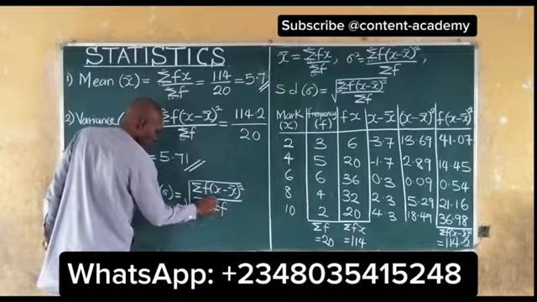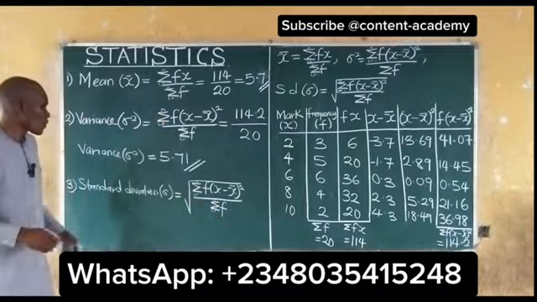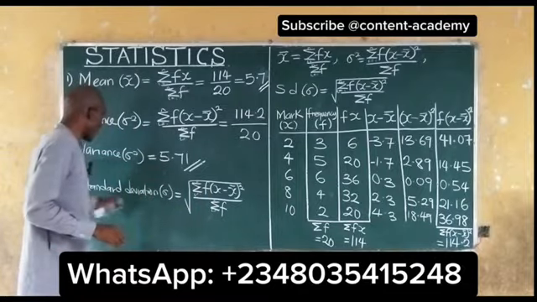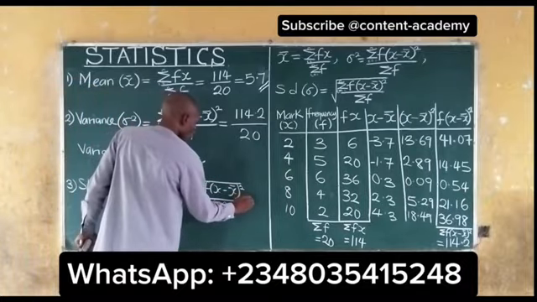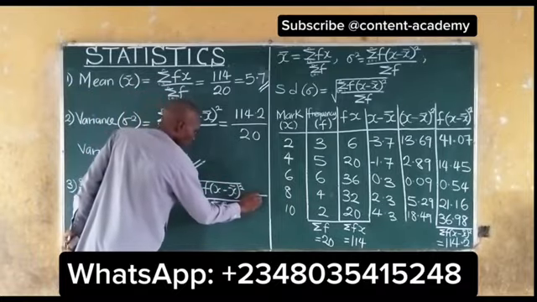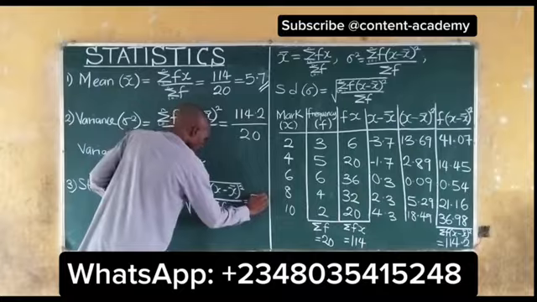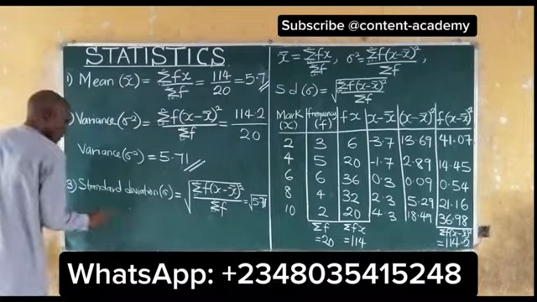Of course, we know this to be the variance. So our standard deviation is the square root of the variance. So we find the square root of the answer we got, 5.71.